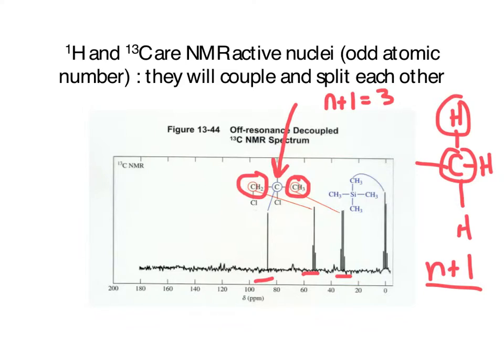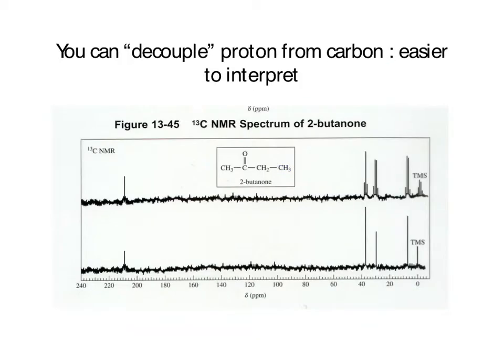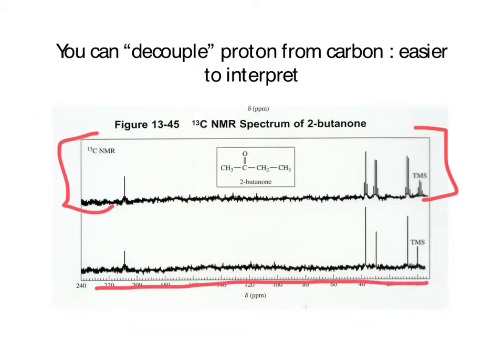And so what happens is we actually decouple the proton and C13 signals coupling, and therefore what you get is only singlets. So you will only see singlets in the carbon, and there you can see the difference. The coupled NMR on top, when we decouple it, which we can do, we simplify the spectrum and it becomes very much easier to read.